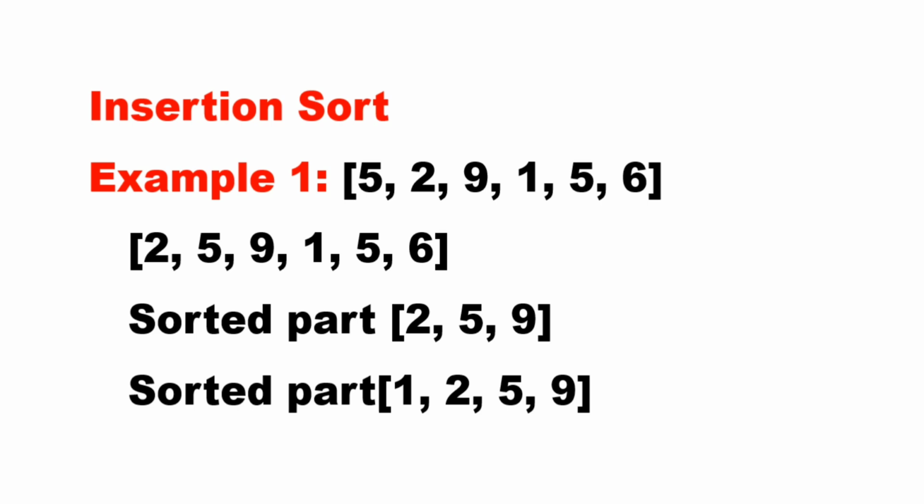Next we move on to the fifth element. The fifth element is 5, compared with the sorted part 1, 2, 5, 9. Is 5 greater than 1? Yes. And 2? Greater than 1 and 2, but equal to 5. So we need to insert it before 9.